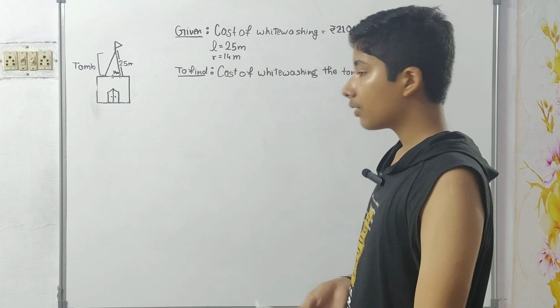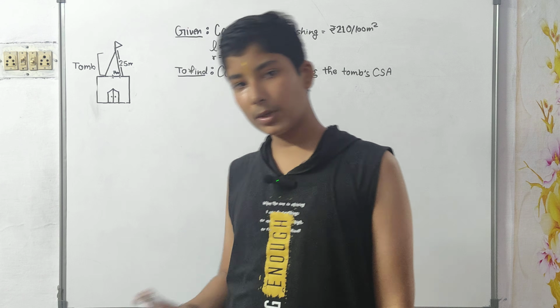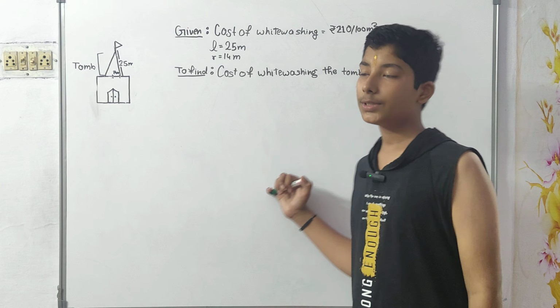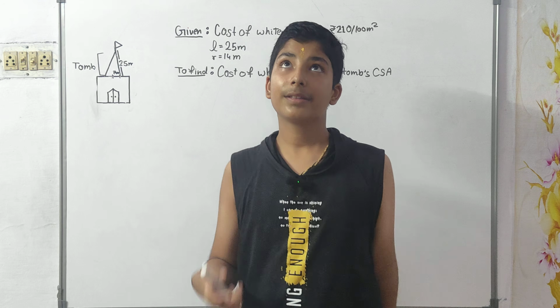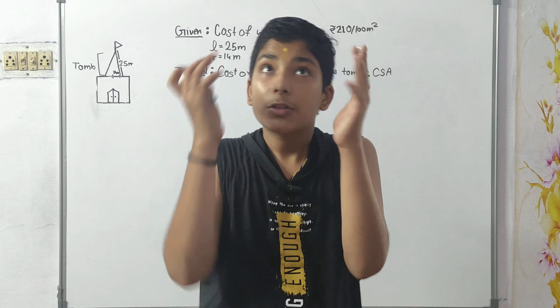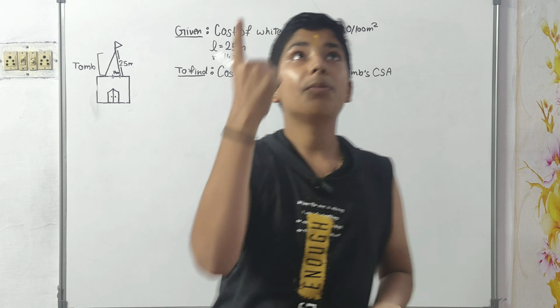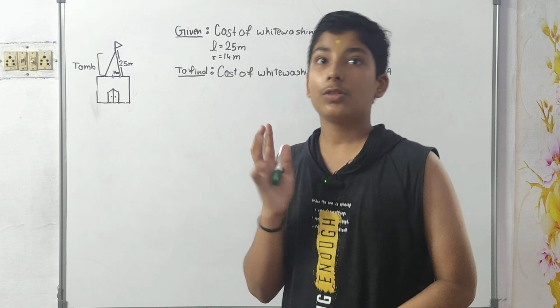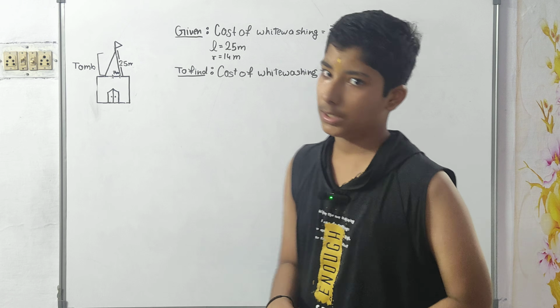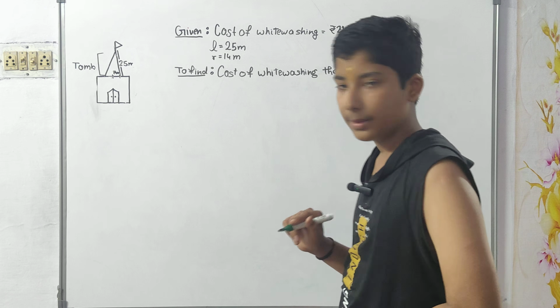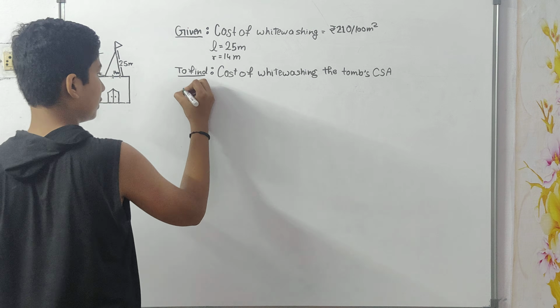Already it is given in the question that we have to whitewash the tomb, because some people might think it will also be whitewashed from the inside because it is hollow, so we'll count that also. No, that would be wrong. That's why it is given. So now, the solution.